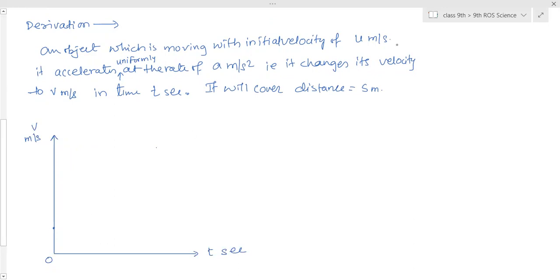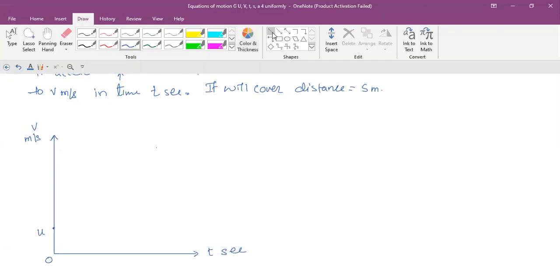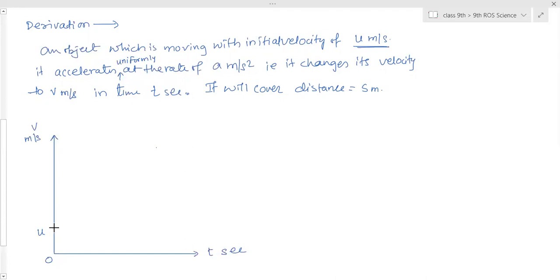It is moving with the given initial velocity u meter per second, so this value is u meter per second. Now it accelerates uniformly, so we will get an inclined straight line like this one. The speed keeps on increasing and reaches v meter per second.